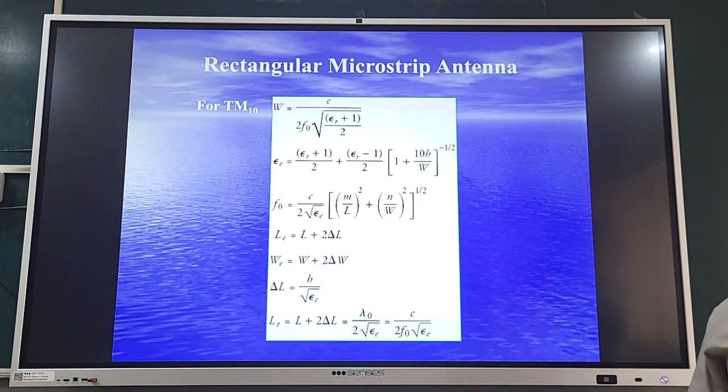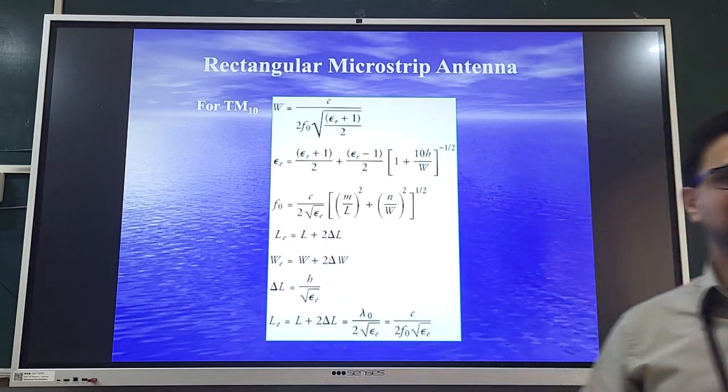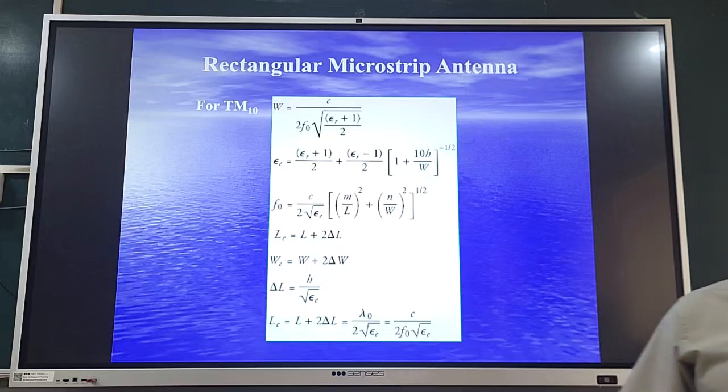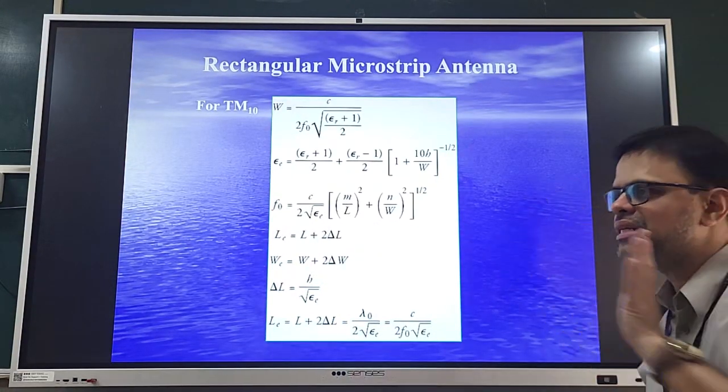And when you are doing an approximation, there is bound to be an iterative procedure to converge your solution. So after calculating L, calculate W nu as 1.2 times L.